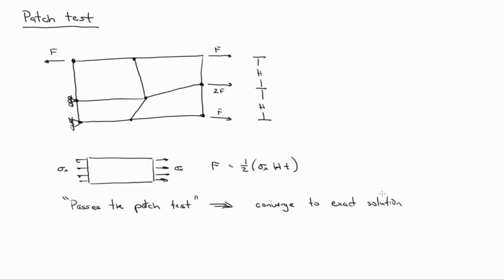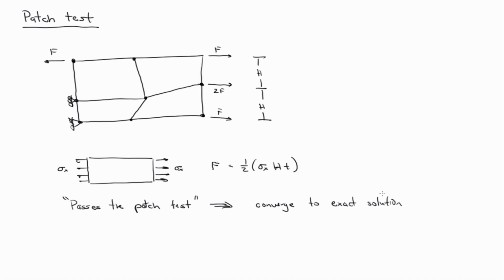If the element's stable, and the easy way to test for stability is to look at the eigenvalues, right? Once we pin it down, once we rid ourselves of the rigid body modes, there should be no zero eigenvalues in our matrix. If there are, then there's some element defect, which usually comes from underintegration.